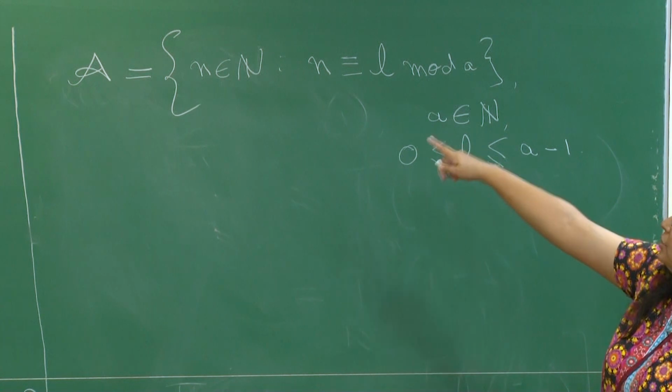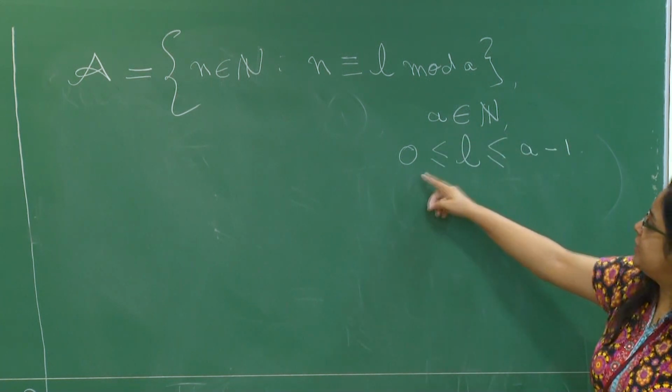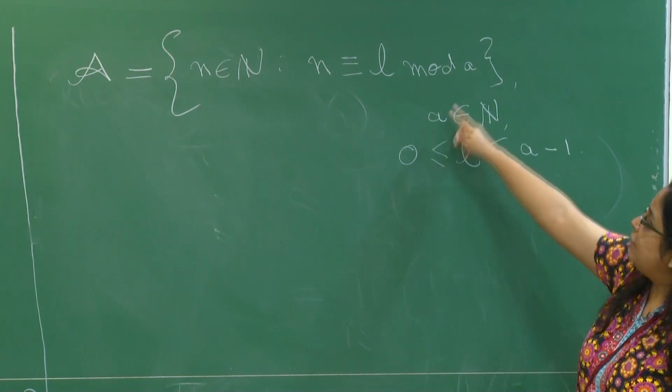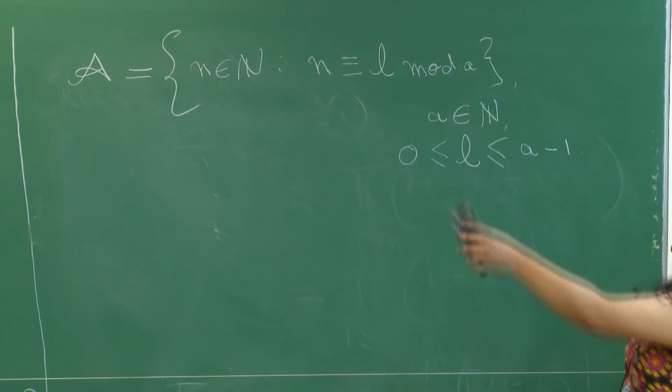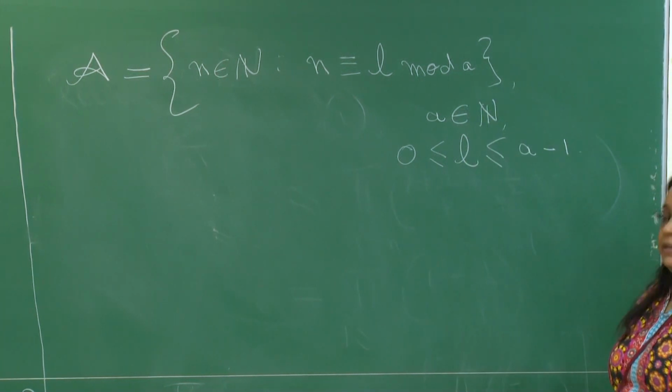So, for a specific L between 0 and A minus 1, and for a specific A, this is the arithmetic progression we are taking.